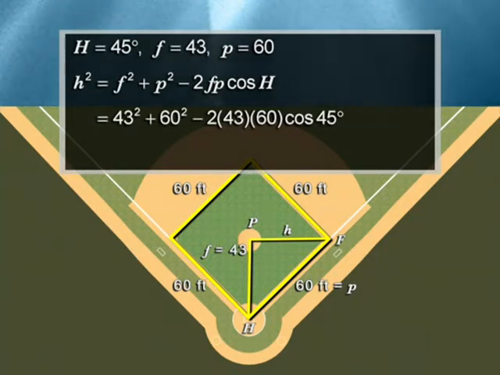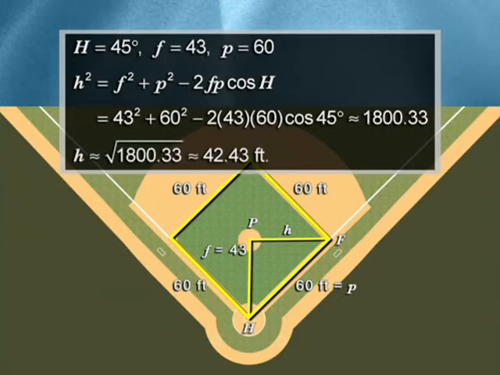If you do the arithmetic on that, it's about 1,800.33. That is H squared. Take the square root of that number, and you get about 42.43 feet. Curious answer. Not quite as far as from the pitcher's mound to home plate.